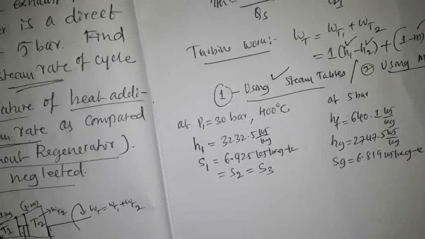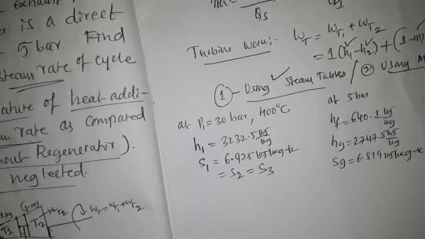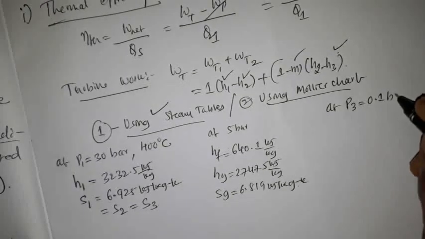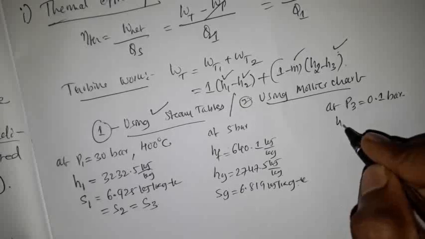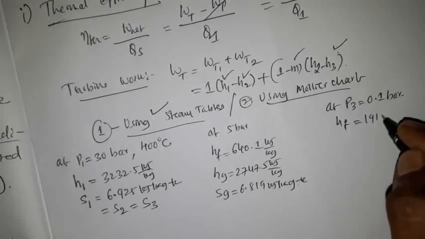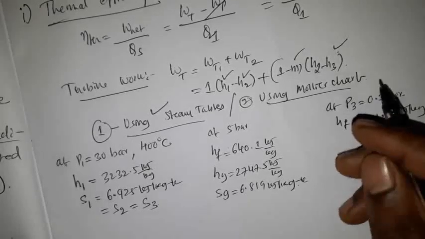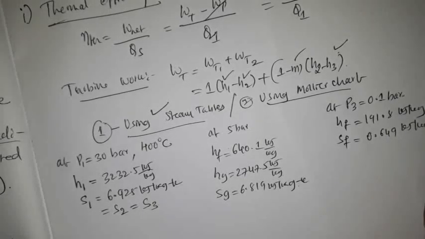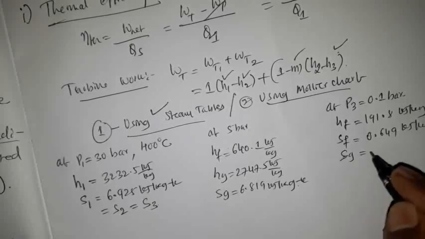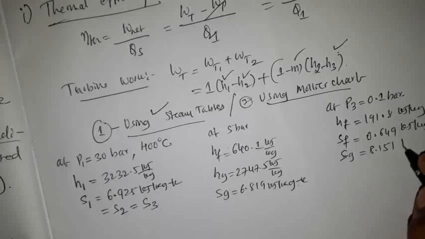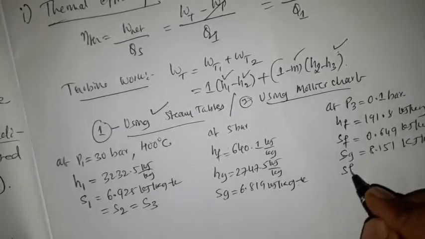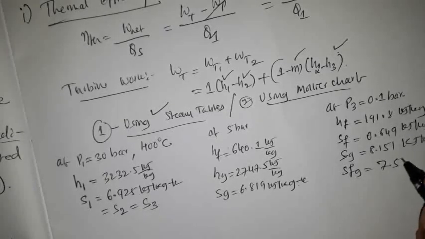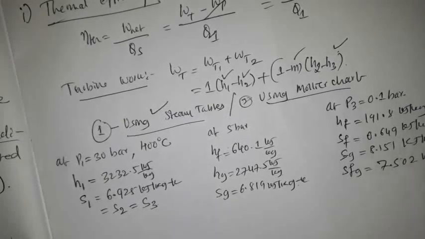So similarly at P3 equal to 0.1 bar, that is the condenser pressure, we will be able to note down the Hf value as 191.8 kilojoule per kg, then Sf value 0.649, Sg as 8.151 kilojoule per kg Kelvin, Sfg 7.502 kilojoule per kg Kelvin.